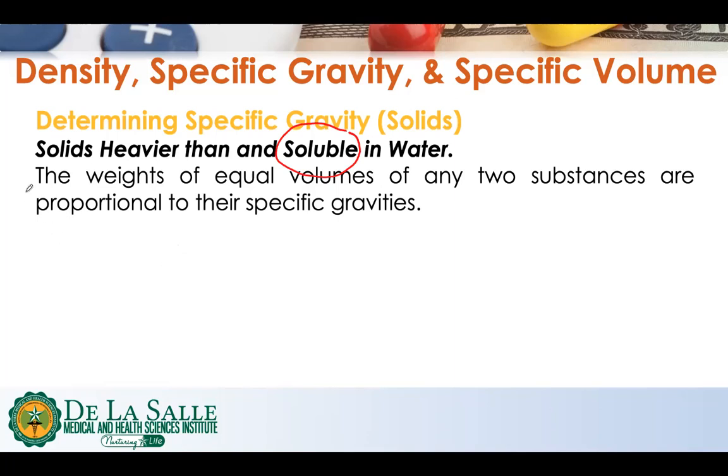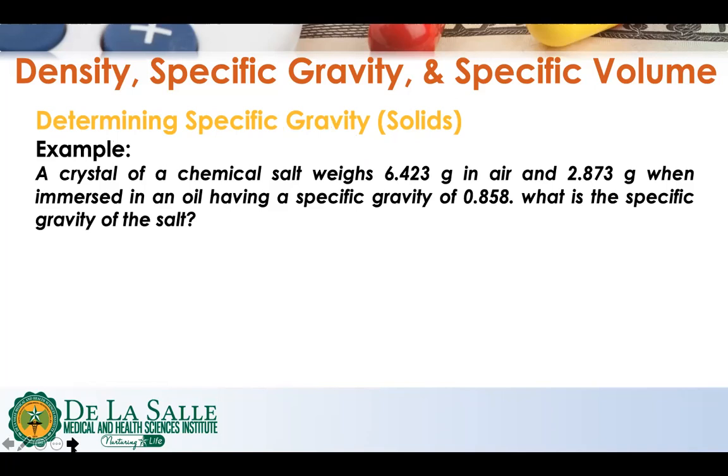Now, the important thing in determining the specific gravity of solids heavier than and soluble in water is that we need to note that the weights of equal volumes of any two substances are proportional to their specific gravities. To illustrate this, we can determine the specific gravity of this crystal of a chemical salt.